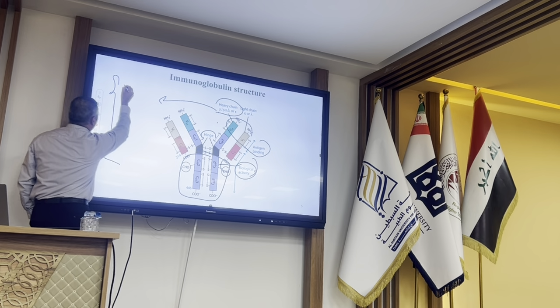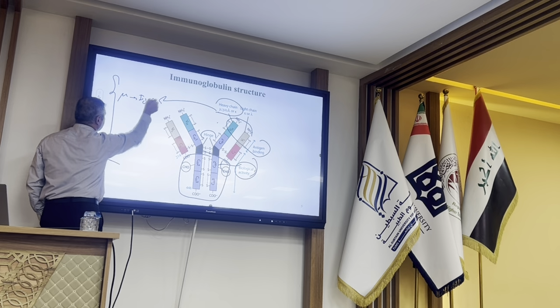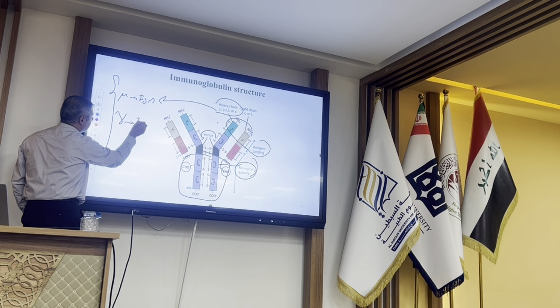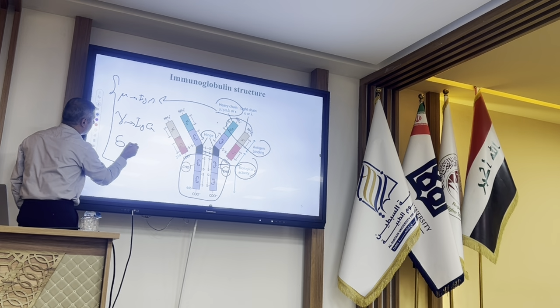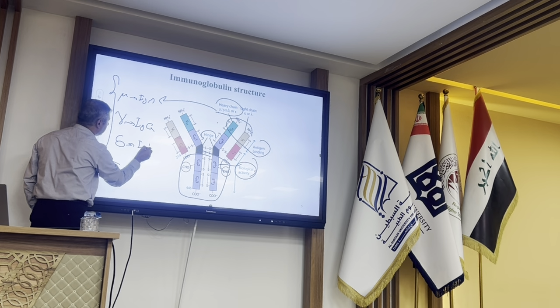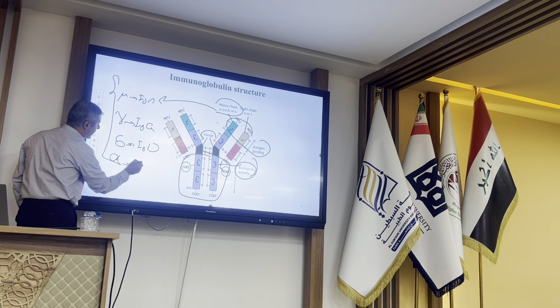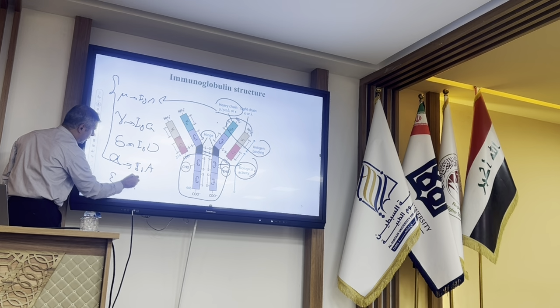Mu is for IgM, gamma is for IgG, and delta is for IgD. Another one, alpha, is for IgA, and epsilon for IgE.